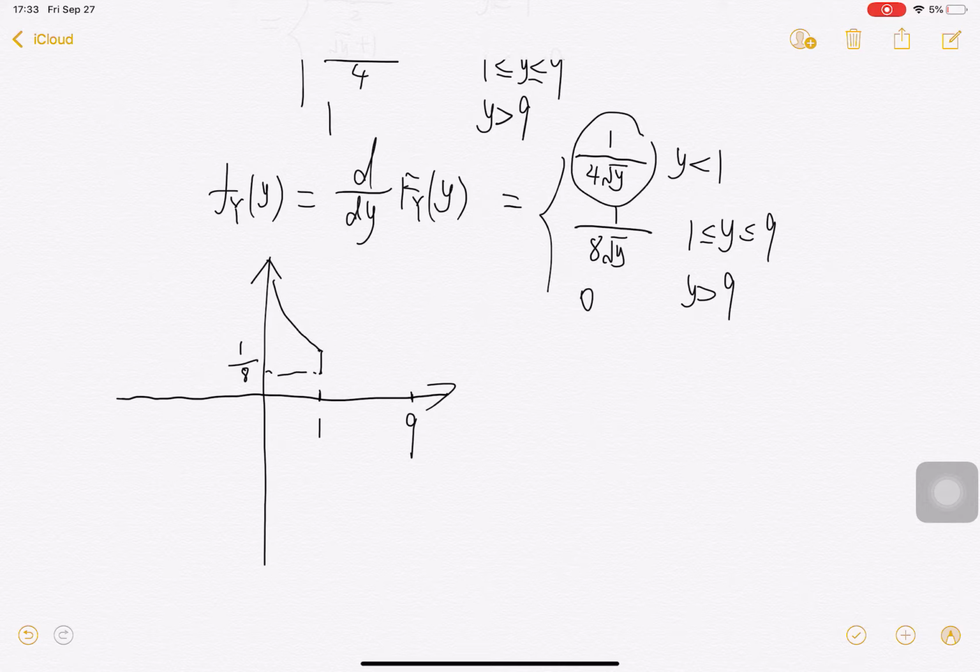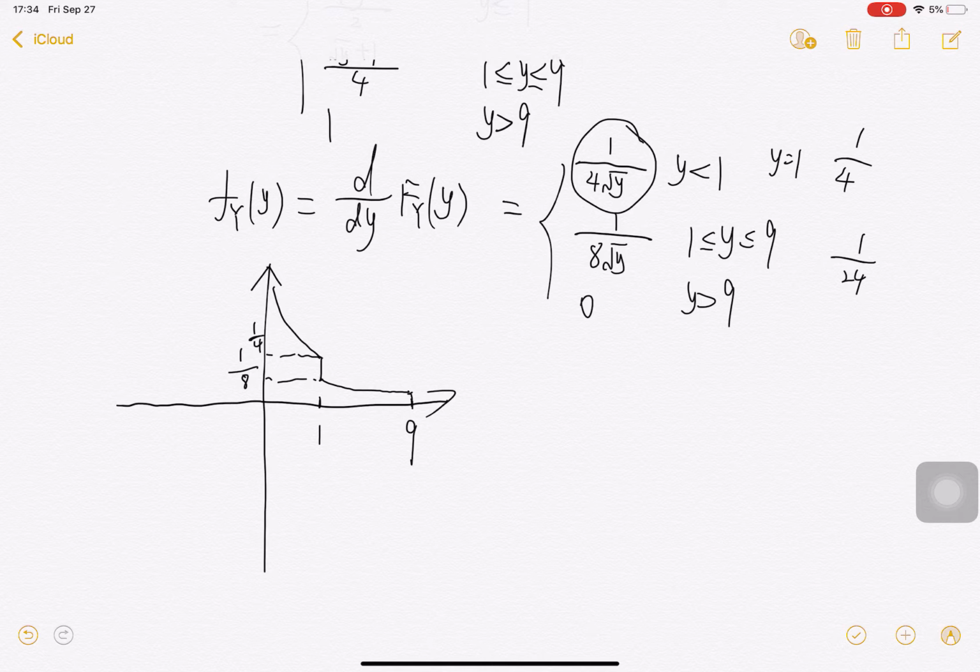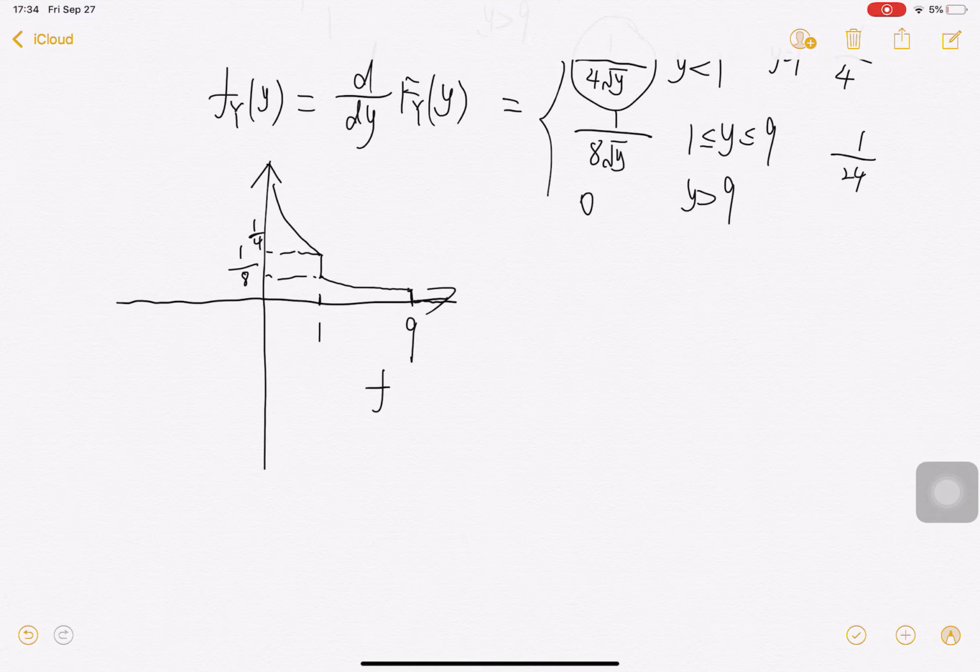But for this part, we have 1/4, so it should be right here. This is 1/4. Then when y equals 9, it is 1/24, right? So it's like this. And when y is larger than 9, it's 0. Okay, this is the drawing of the mass function.